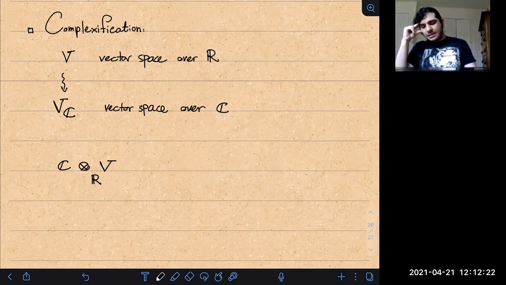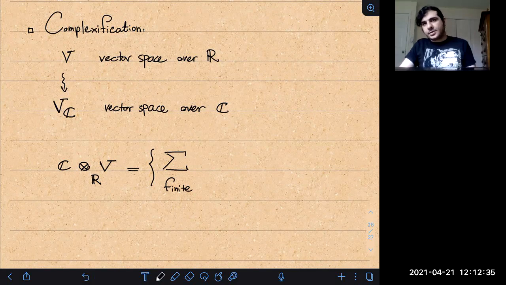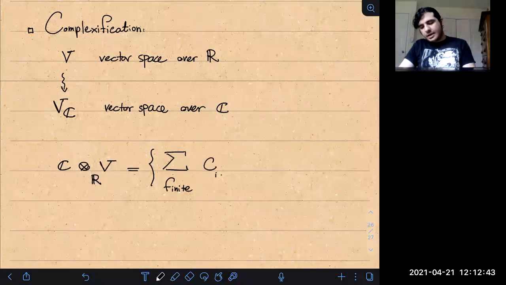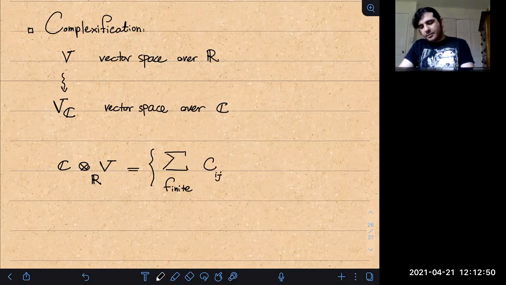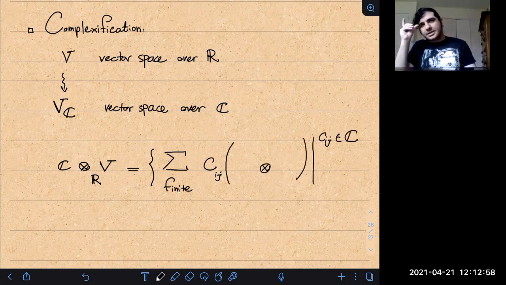What does it mean? It means all the elements are of this form. They are finite sums of things like this. This is supposed to be a vector space over C, so we would have some scalar here. I would show that with Cij, because it's supposed to be a vector space over complex numbers, Cij is a complex number, okay? And then I should have something from the first space tensor something from the second space.